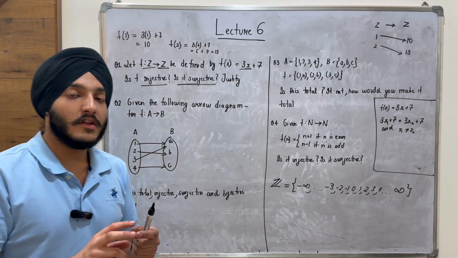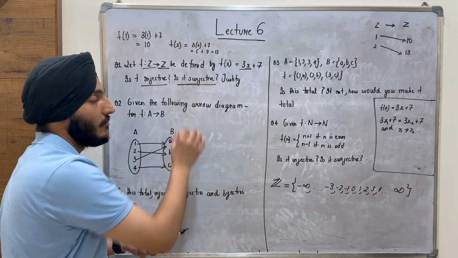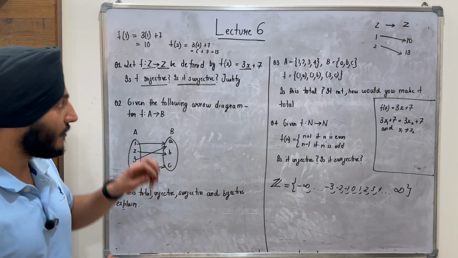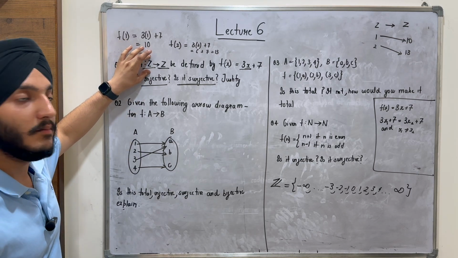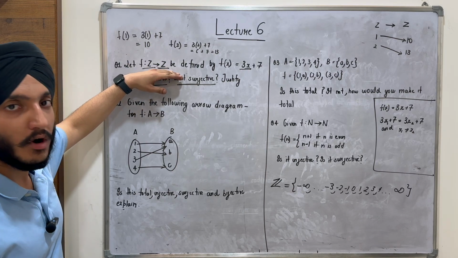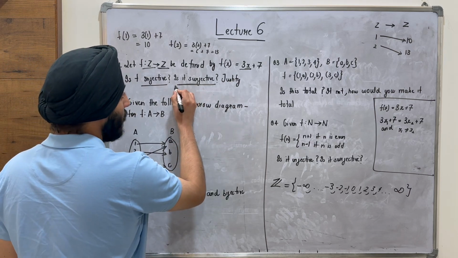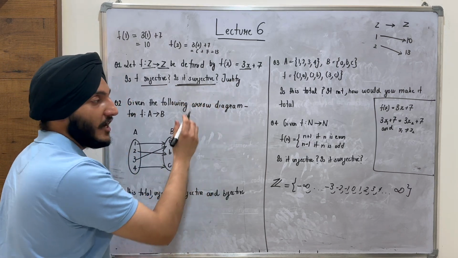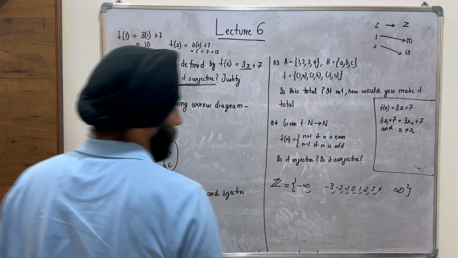I need you to consider a few things in your mind when you're trying to answer this specific question. First, what is the domain? The domain is the set of all integers. What is the codomain? Again, it is the set of all integers. Now, in order to figure out whether this is surjective or not, I need to check it this way.